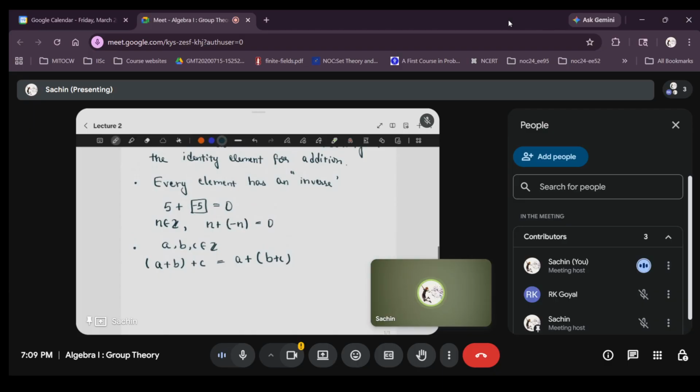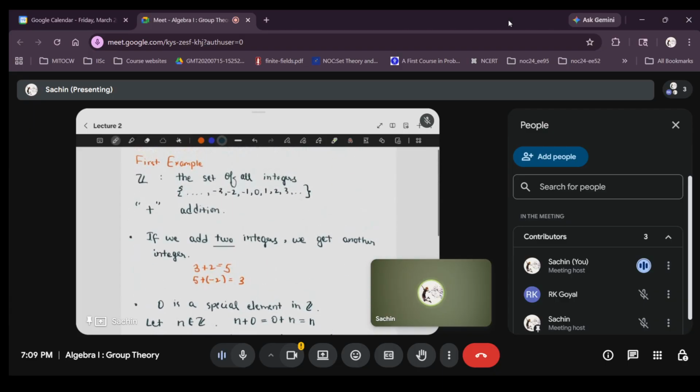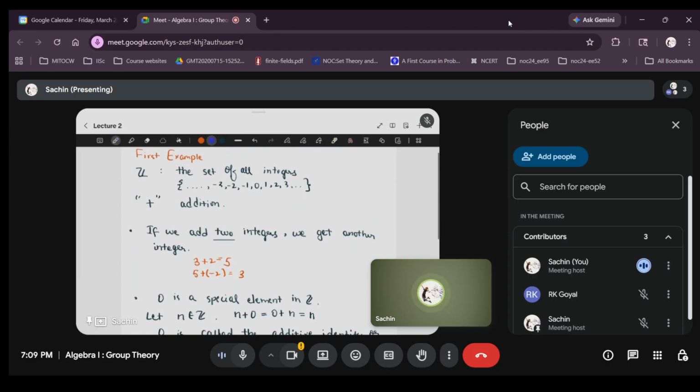So these properties have names in mathematics. The first property that we saw is called the closure property. So you have a set and a binary operation. When you perform the binary operation on two elements of the set, then the result is an element within the set itself. That property is called closure.